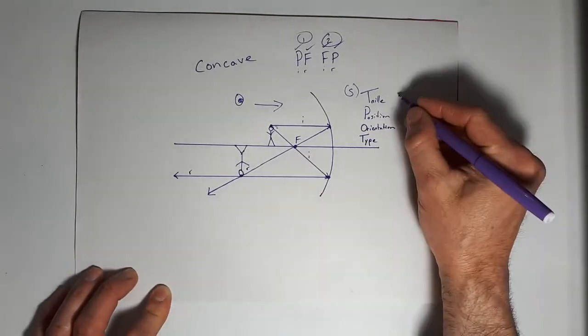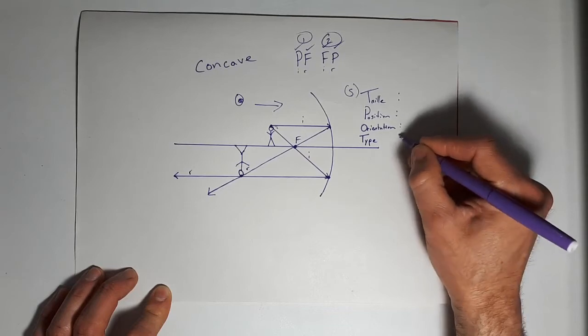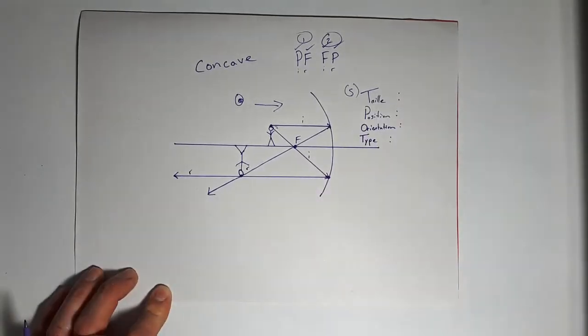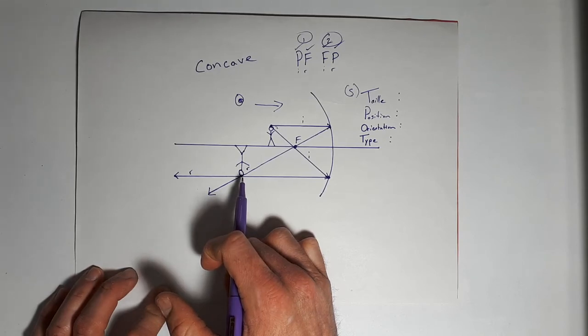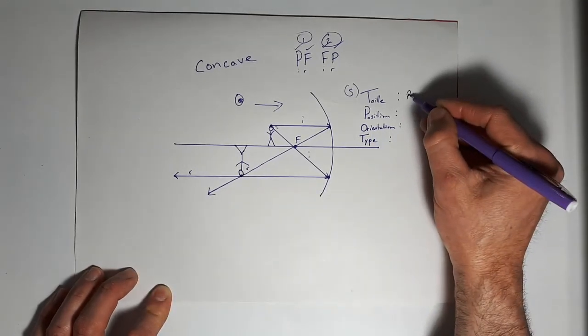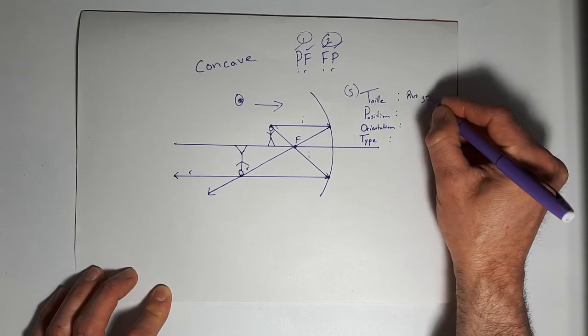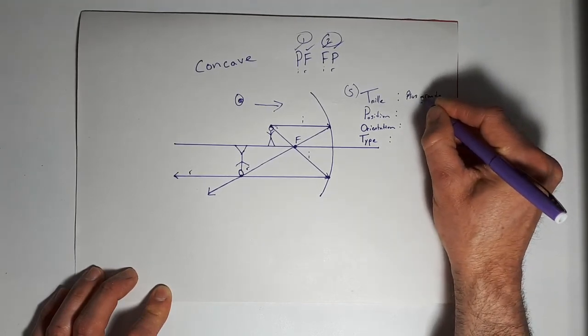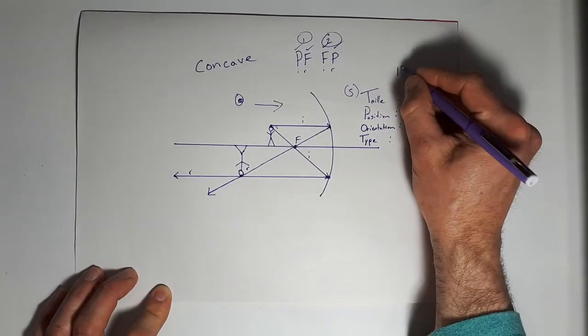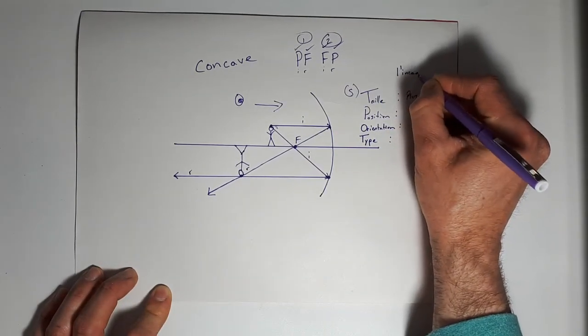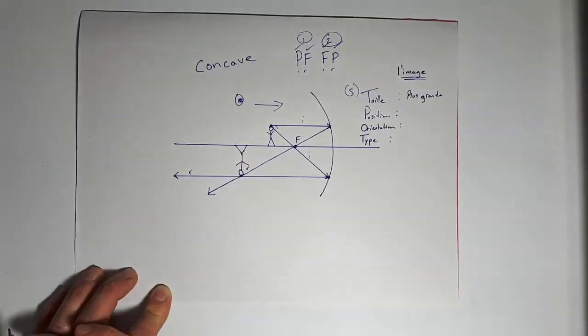All right, so let's just make some colons here. Our taille, our size, of course, the image is going to be a little bit bigger, so I'm going to say plus grande, bigger. And don't forget, all of this teapot or this spot is describing the image.